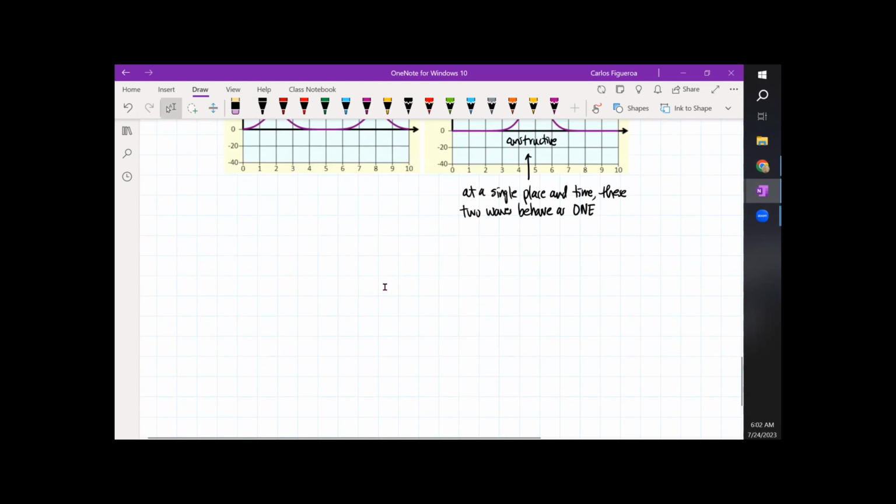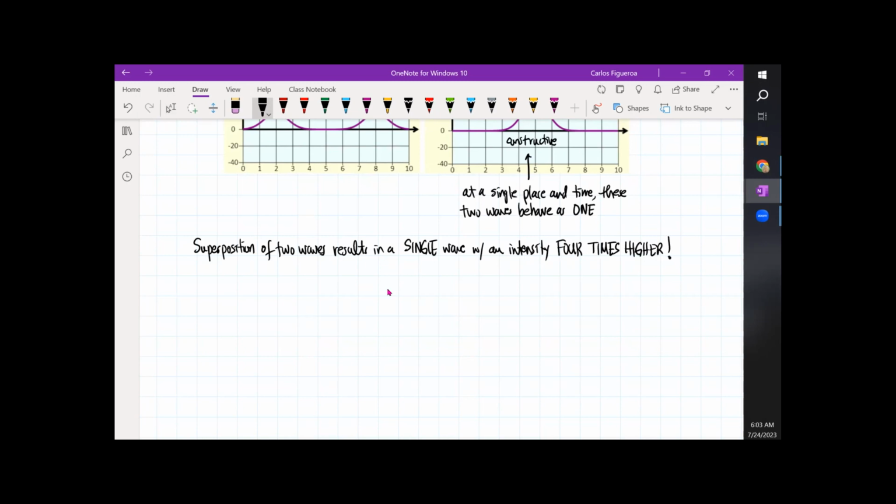I'm saying that this is surprising because superposition of two waves results in a single wave with, not an amplitude, an intensity four times higher. I mean, this is a pretty shocking result, and I'll show you why that is.